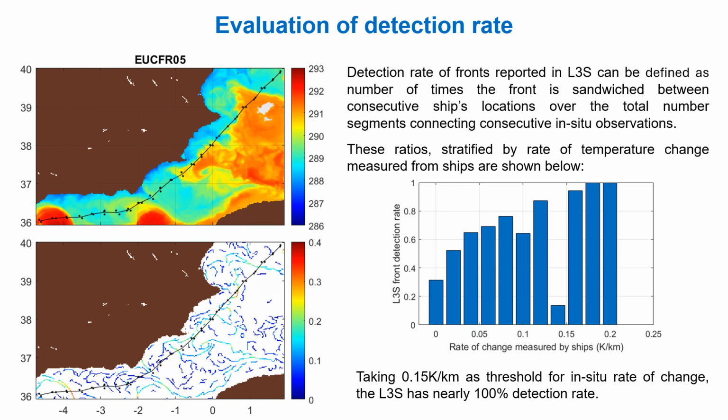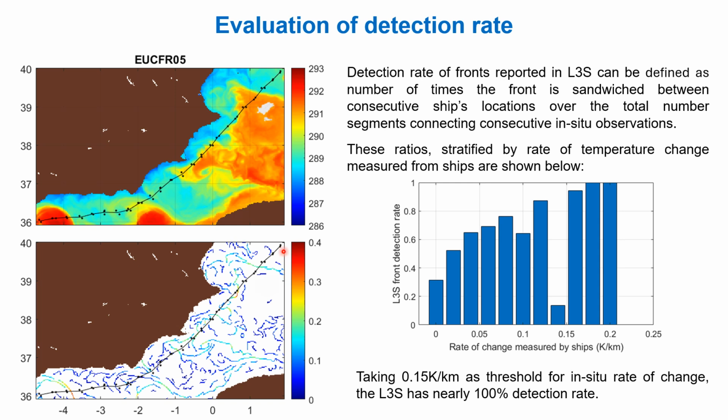Detection rate of fronts reported in L3S can be assessed using ship's measurements in the following way. As we move along the ship's path from one location to the next, we can consider the line segment connecting the consecutive ship's locations where the measurements were taken and see if it crosses the thermal front identified by L3S product. So from one location to the next, we will be reporting whether it crossed the front or not.